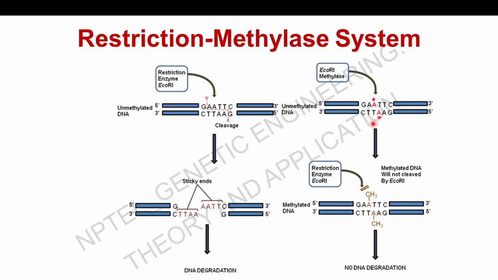If a particular residue, even in the recognition site of a specific restriction enzyme, is methylated, then the restriction enzyme won't be able to recognize its specific cut site and cut the DNA sequence.